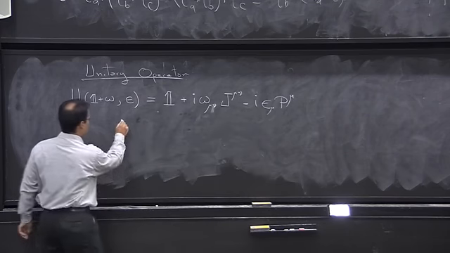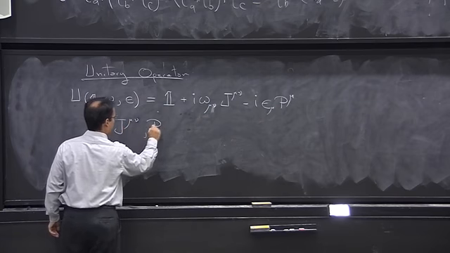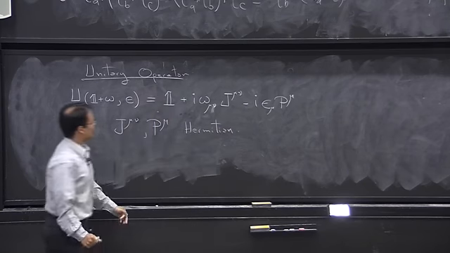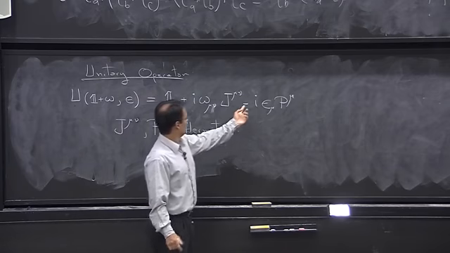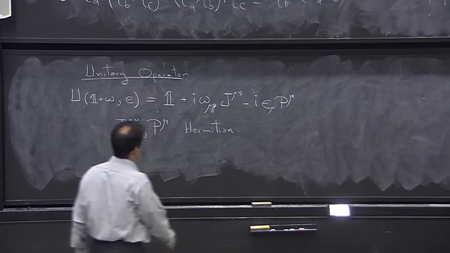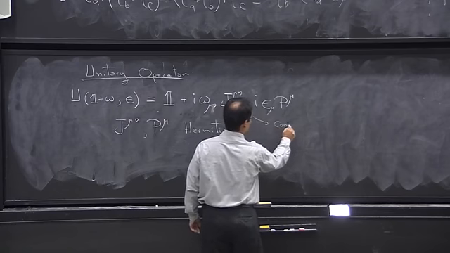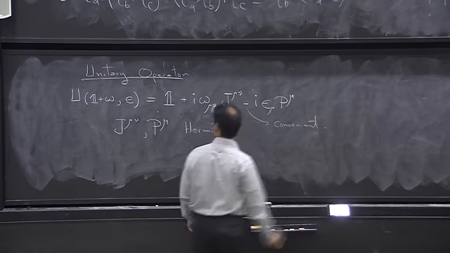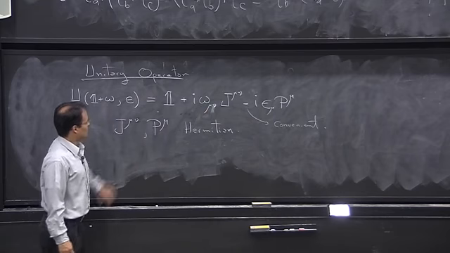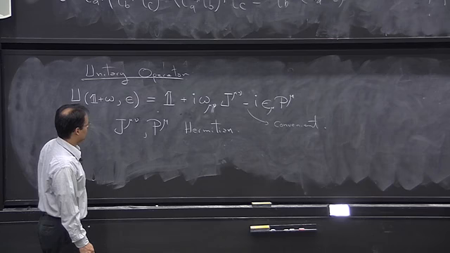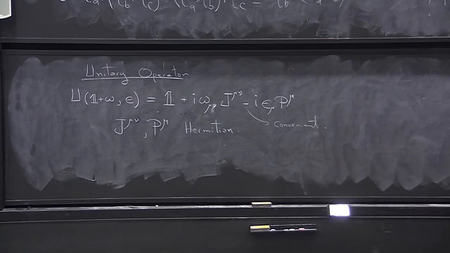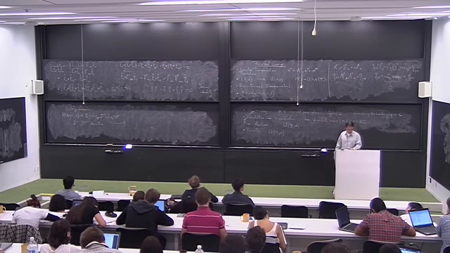These operators are now Hermitian. And you may ask, well, why do I have a minus sign here? And it's just convention. Okay? Or it's convenient. Simply, it's convenient, as we will see. Okay? So these are the generators of the Poincaré algebra. Okay? These are the generators. And now we want to study the structure of these generators.